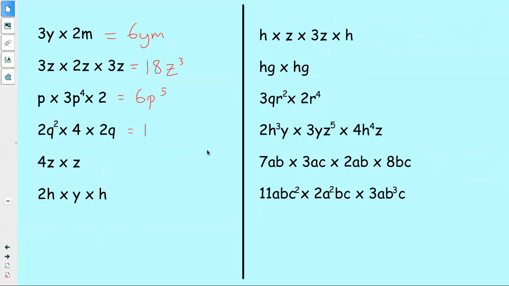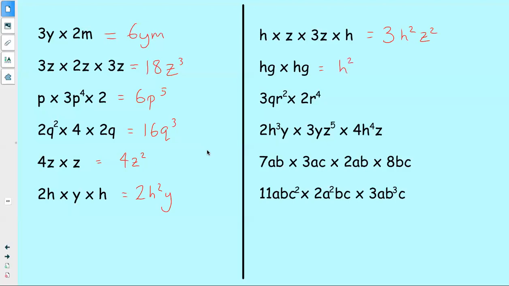Be 16q cubed. 4z squared. And 2h squared y. Right hand side, be 3h squared z squared.